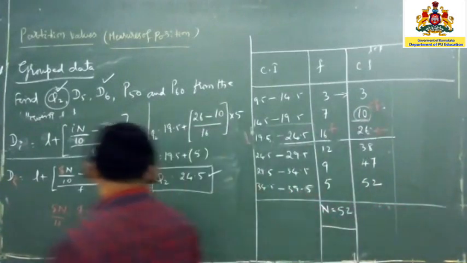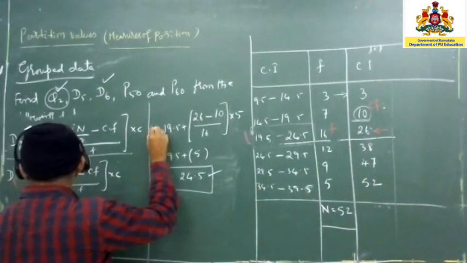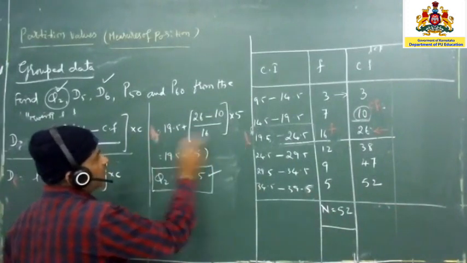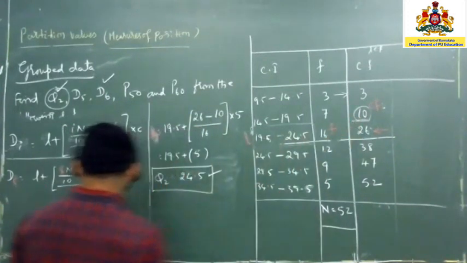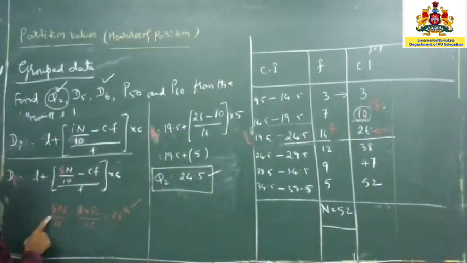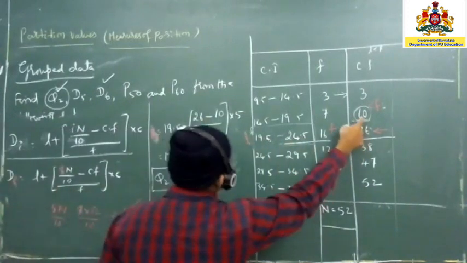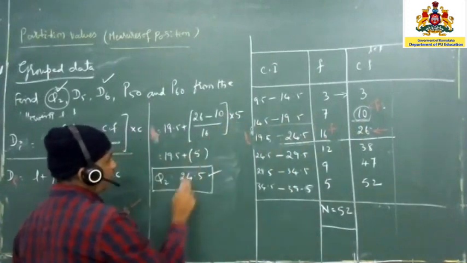So the same formula we can use here once again. D5 is nothing but L is 19.5, and 5n by 10 is 26, and CF is 10, divided by F, which is going to be 16, and here you are going to get the same value.